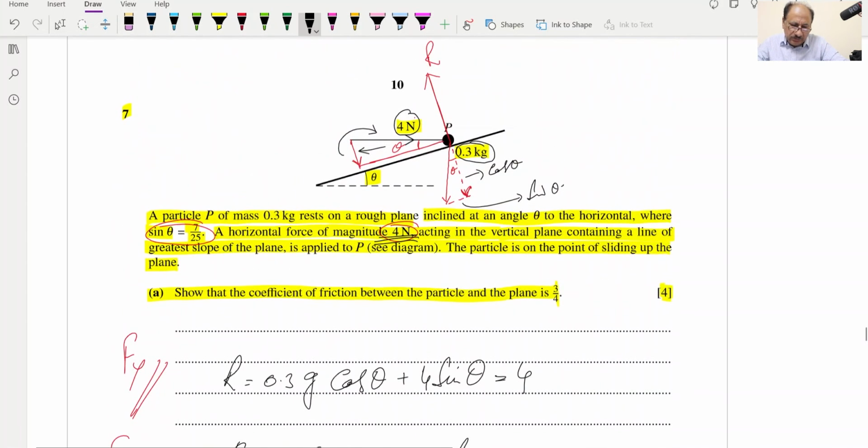So this is equal to 3, and show that the coefficient of friction is this one.